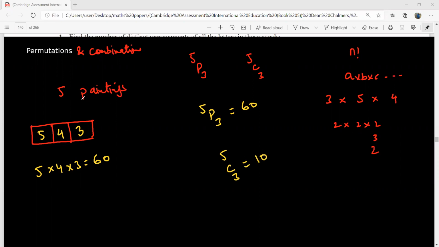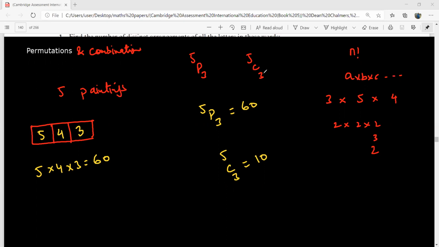Now, nearly 50% of you must understand what I am going to talk about now. What if you choose 3 paintings and then you put them on the wall? Arranging these 3 paintings on the wall is one way, the one you have done, getting the answer 60.